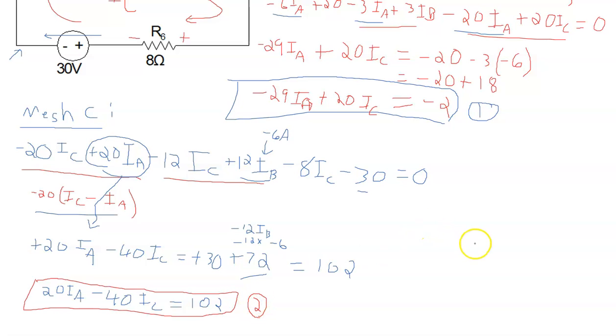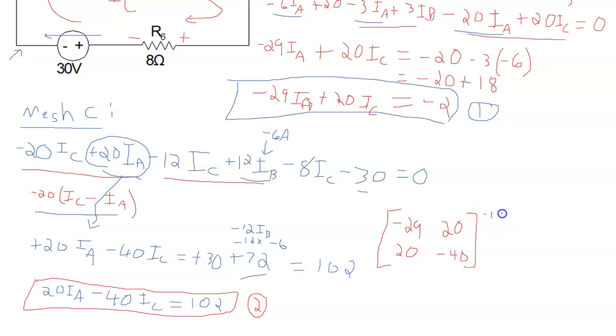So next, you can do this by substitution. Now, relatively easy. You only got 2 equations, 2 unknowns. Our matrix solution says for equation 1, negative 29 times IA, 20 times IC. Our second equation, 20 times IA, negative 40 times IC.